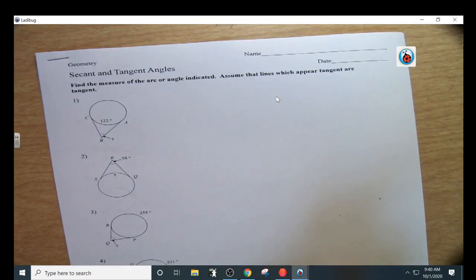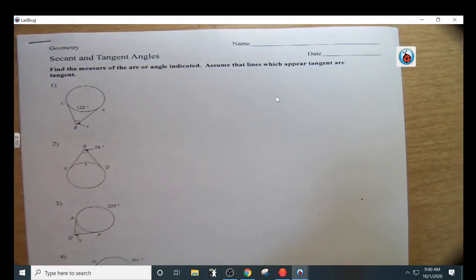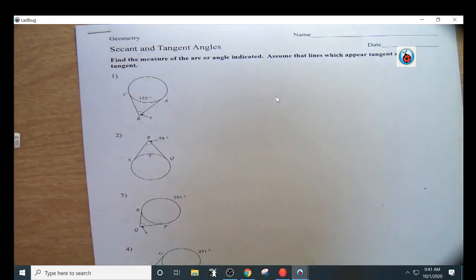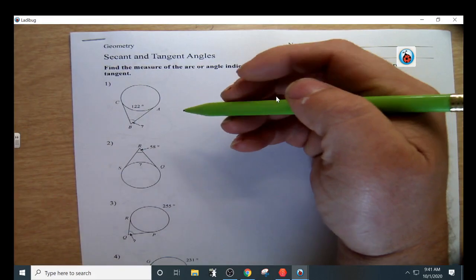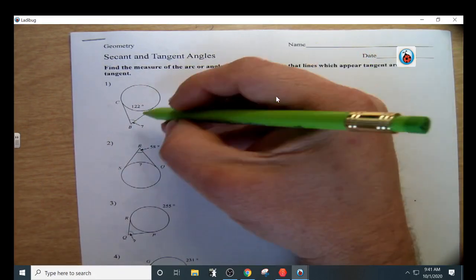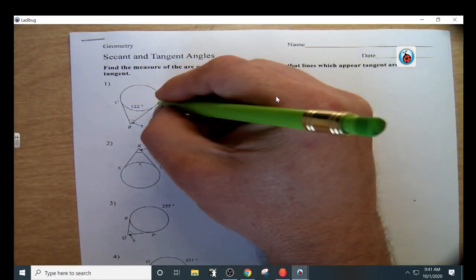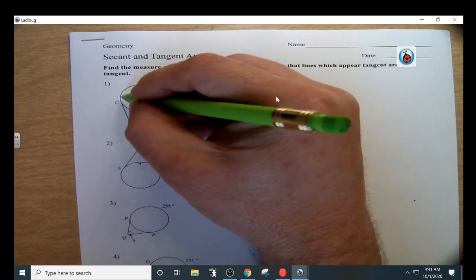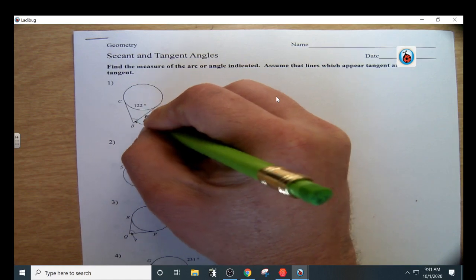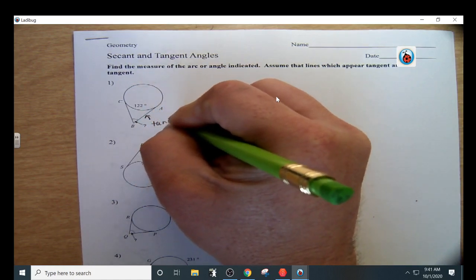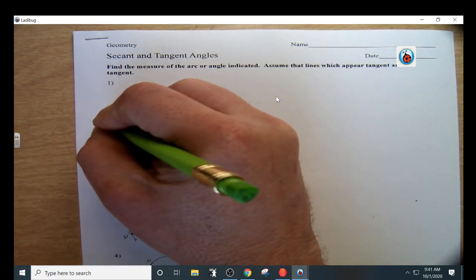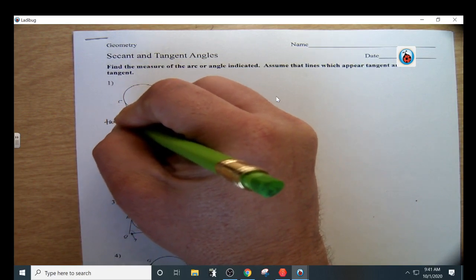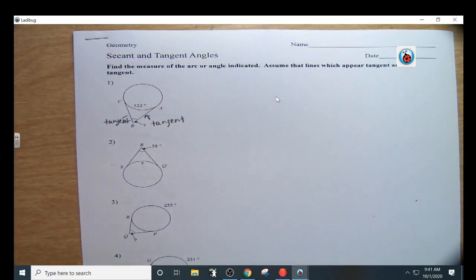All right. So, guys, let's talk about what we have here. Now, guys, if a line comes from the outside of a circle and it only touches the circle in one point, these are called tangent lines. And guys, tangent lines are used a lot in calculus.